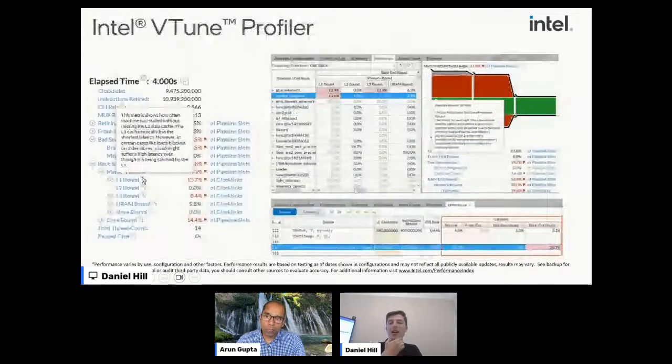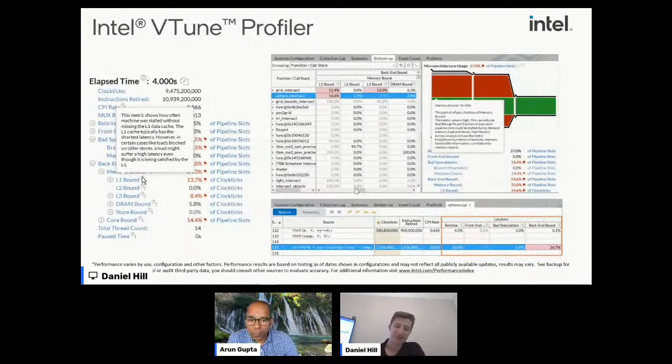And then vTune, there's so much that vTune can do that it would be hard to capture it all. It would need its own video, but it'll give you that full breakdown as well. You do a capture and then you put it into your laptop and you open it up in your GUI and you can dig around through it and see, for example, down to what function is L1 bound or DRAM bound.